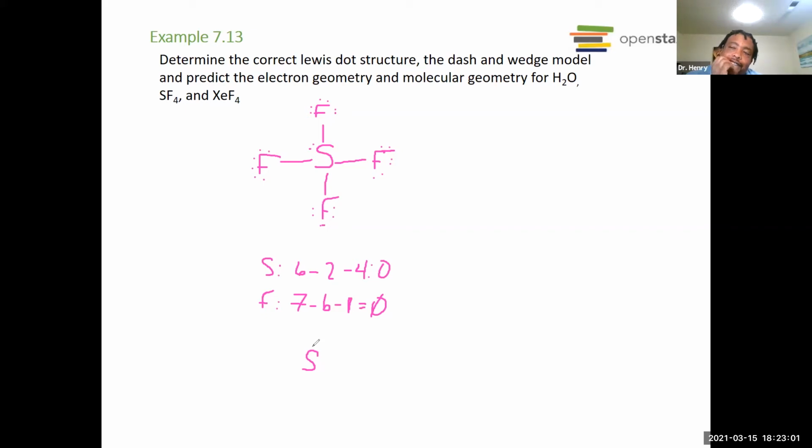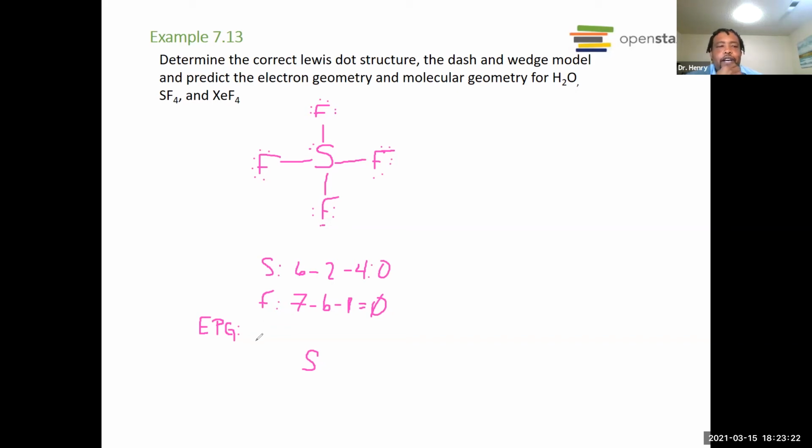So let's start with our EPG. How many attachments do we have? 4? We have 4? 5. So we have 5 attachments.